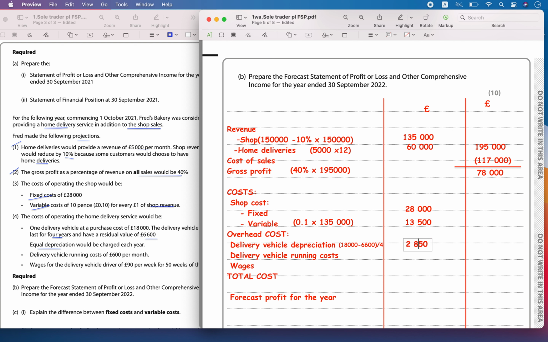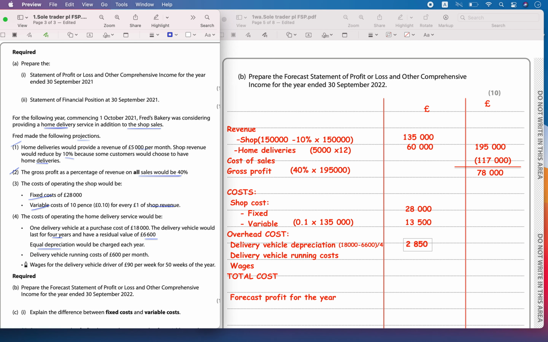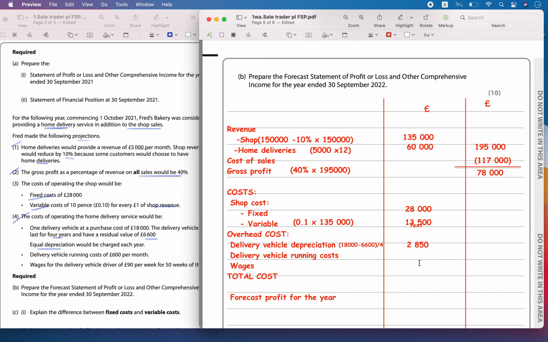Then you have vehicle running cost. The vehicle running cost is 600 per month. So 600 times 12 is equal to 7,200.